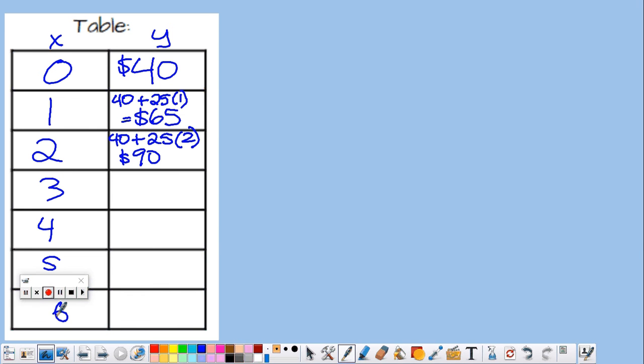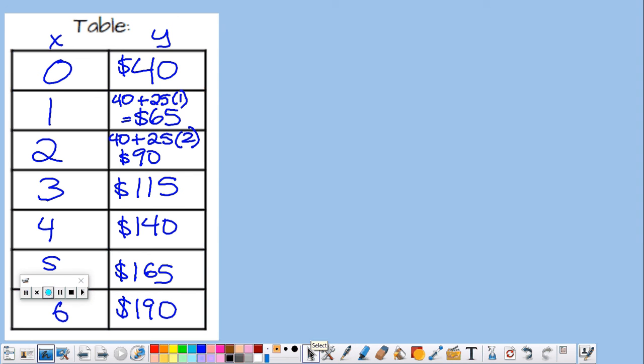Then 3 hours would be how much money? 115. 4 hours would be 140, 5 hours would be 165, and 6 hours would be 190. Or like JC and Lulu pointed out, you can just add 25 to the y values each time. So you're just adding on 1 more hour to the expense at the beginning, or the hour before.